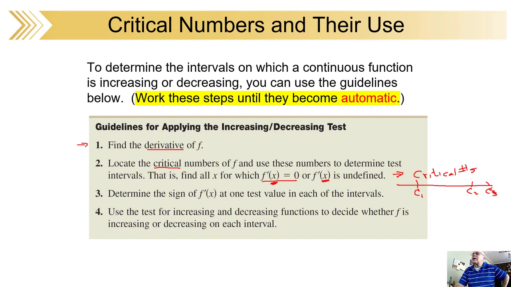One very simple thing that these numbers do is split the number line into several different sections. You've got numbers out here, numbers in between, and numbers out there. 3 critical numbers give you 4 different areas of the number line.